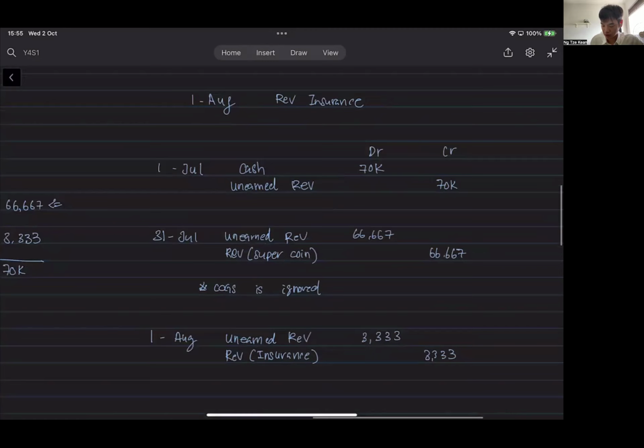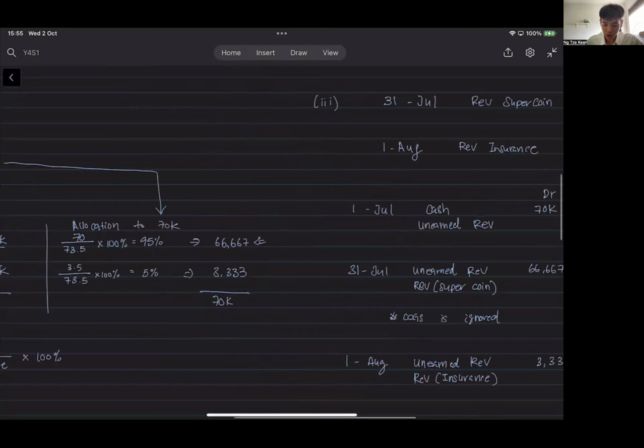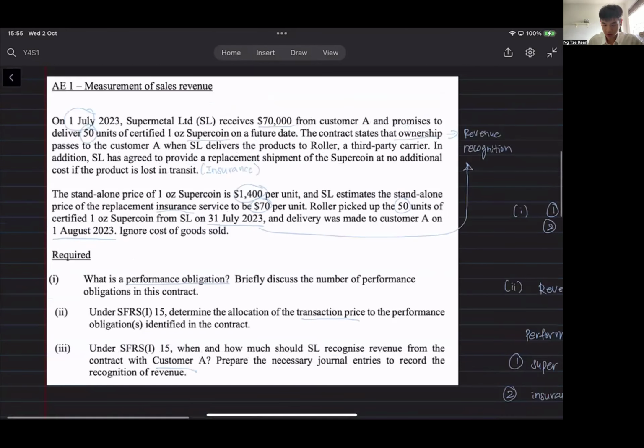So this will be the general entries. And you will notice that left side equals right side. So we can be sure that we didn't miss out anything. Okay, and that would be for question one, which would be the recognition of revenue and the allocation of revenue.